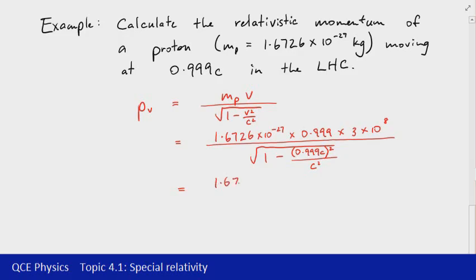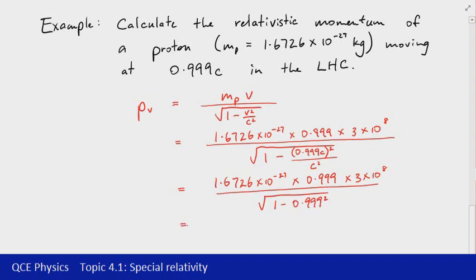So it's 1.6726 by 10 to the negative 27, multiplied by all of that detail on the top still, and then divided by the square root of 1 minus 0.999 squared.